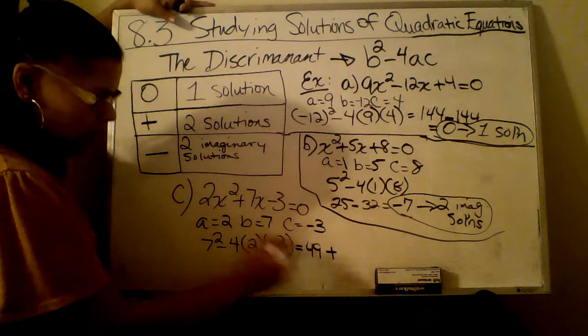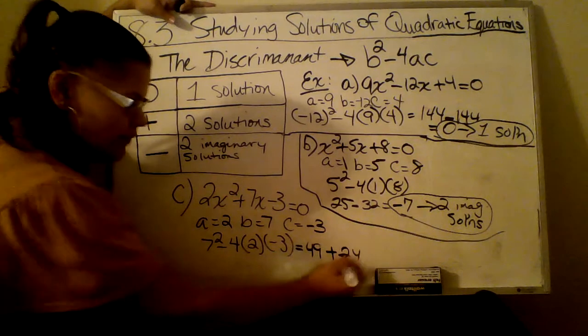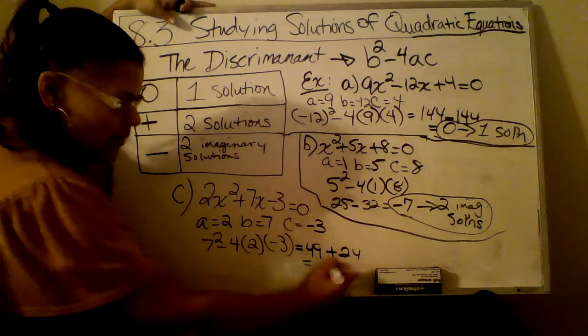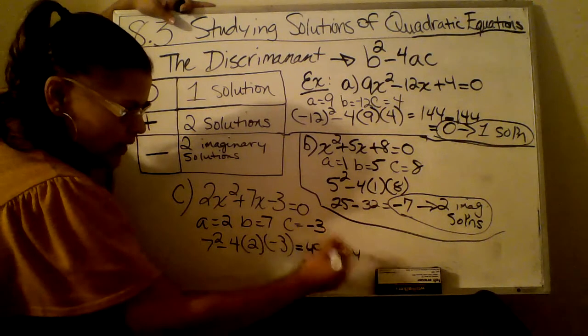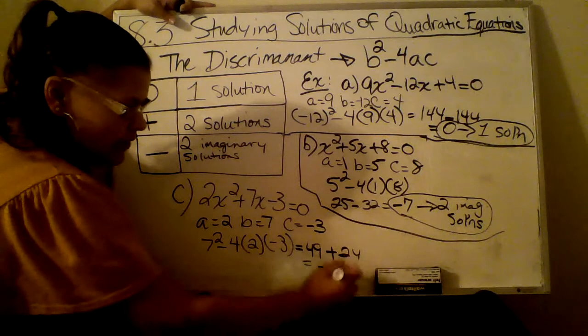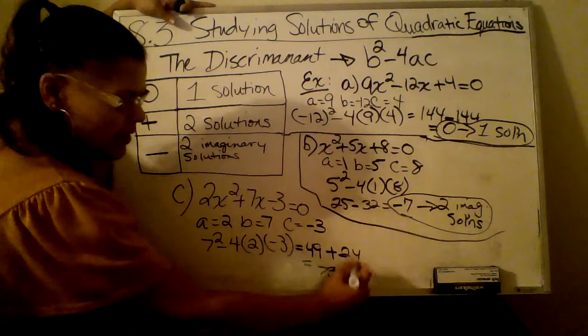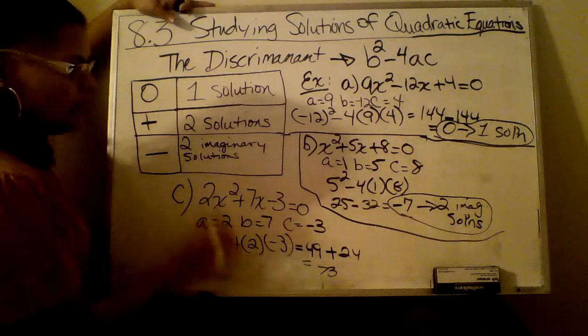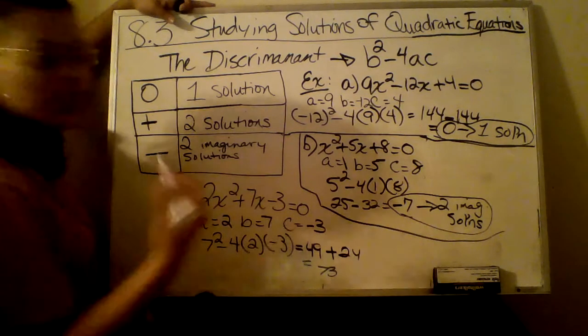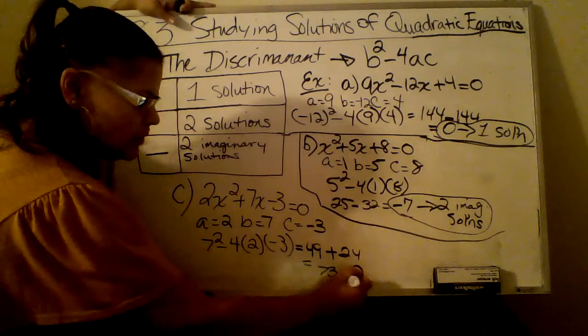So we have 8 times 3, 24. So we add it up, carry, 73. All right, so we end up with 73. That means it's positive. So we have two solutions, or two real solutions.